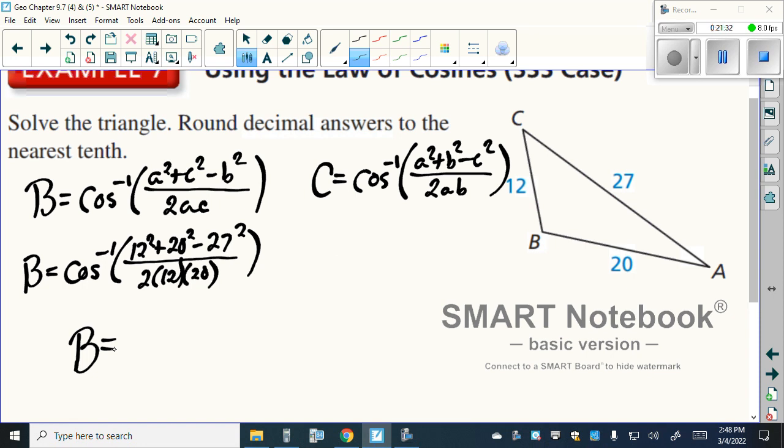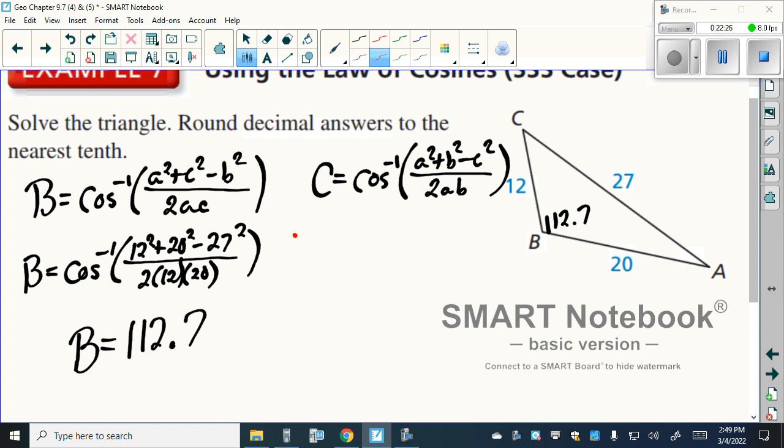And if we type this into the calculator, we would get, let's see, 12 squared plus 20 squared minus 27 squared all over 2 times 12 times 20. 112.7 because we get 6/6, so it would round up to 7. So the measure of angle B is 112.7.